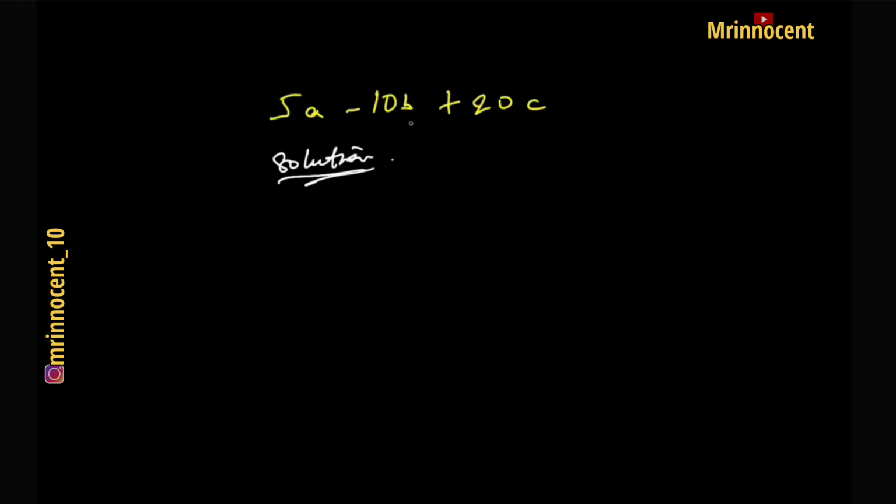5a minus 10b plus 20c. Solution. So we have 5a minus 10b plus 20c. The common factor is 5.